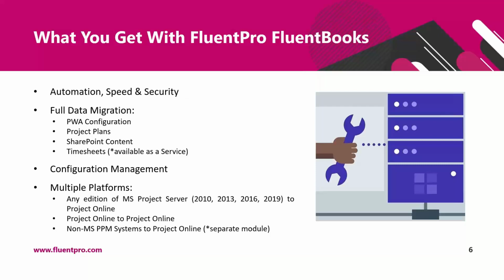Your data is secured during the migration process. Since FluentBooks is a desktop application that you install on your machine, either physical or virtual, when you use the software, all your downloaded data is saved locally and transferred from the source to the target. This data is encrypted with the latest TLS protocol.